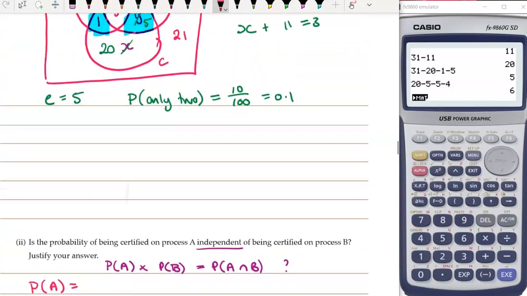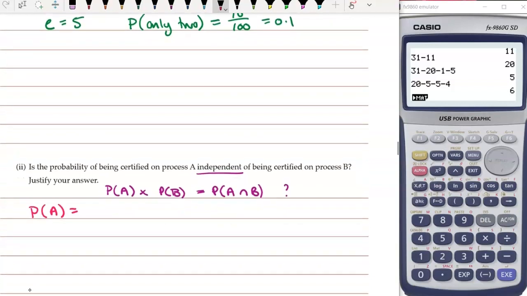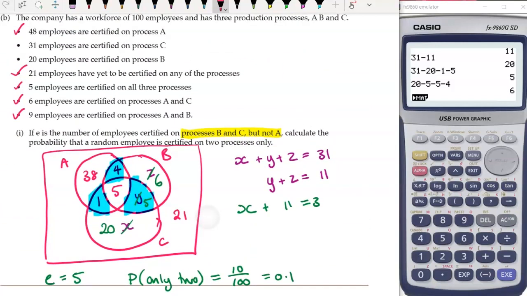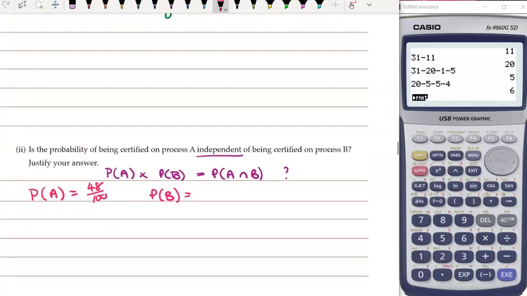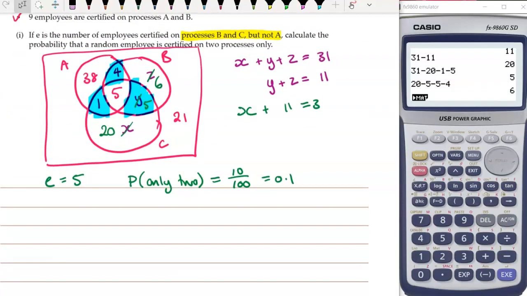Probability of A, well, the total for A was 48. Probability of B, let's take a look at that. That's 20. And the probability of A and B, well, the total that overlaps in both A and B is 9.